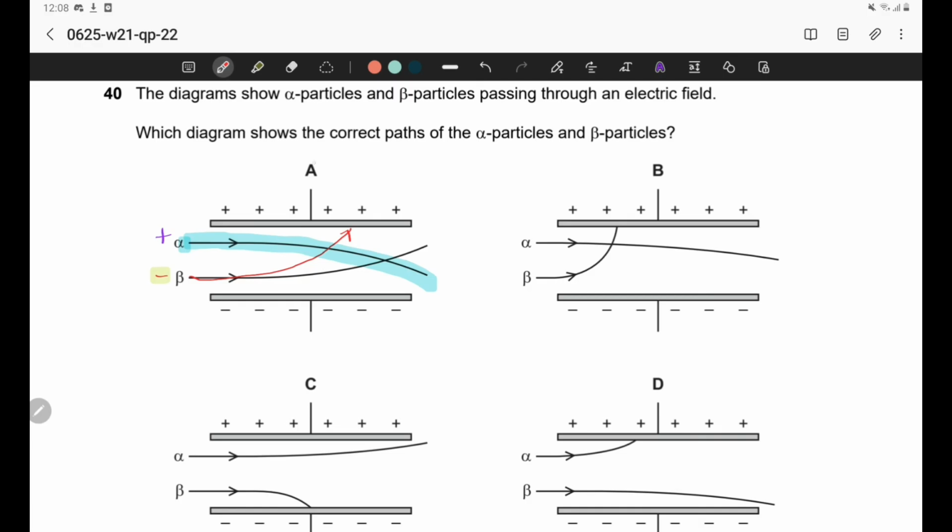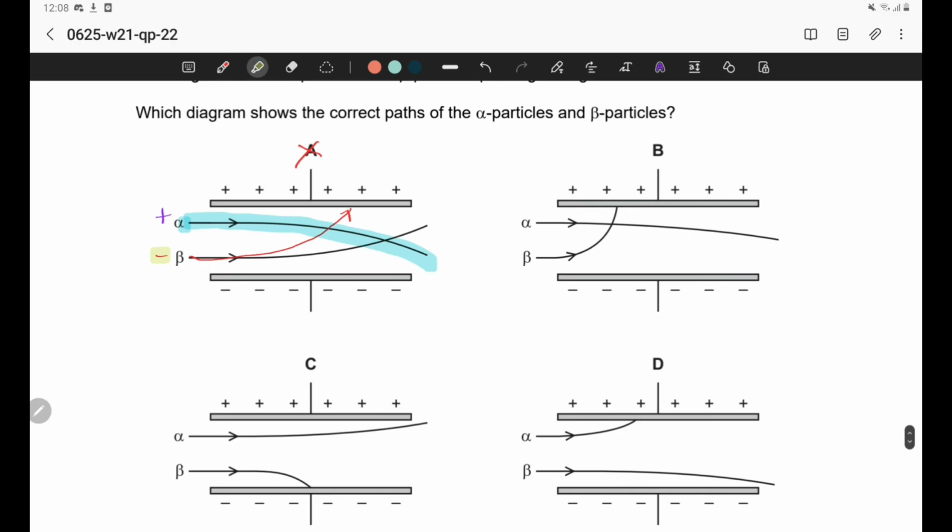So, option A is not correct. Let's look at option B. As we discussed, the alpha particle is positive, so it will deviate to the negative plate, and the beta particle is negative, so it will deviate to the positive plate, and its deviation is more compared to the alpha particle, which is correct. Therefore, option B is correct.